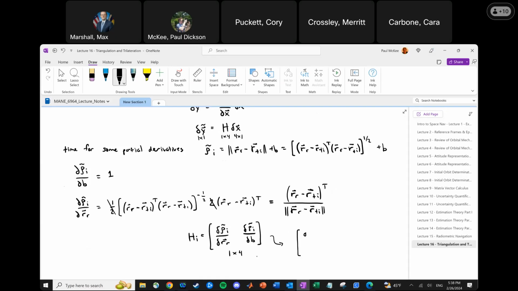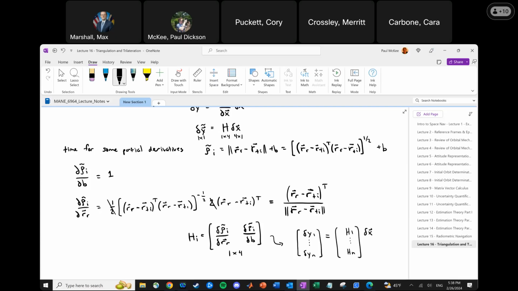We're going to say delta y1 all the way to delta yn is equal to h1 all the way to hn times delta x. So we would do this for each measurement. That's the point I'm trying to get across, right? Do this for each measurement. We could ultimately build a larger matrix, which is the H matrix.